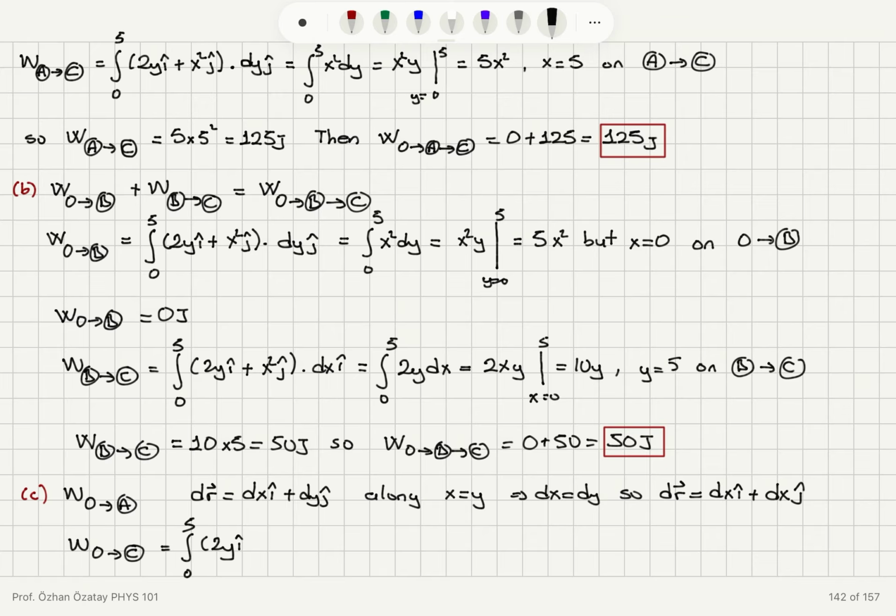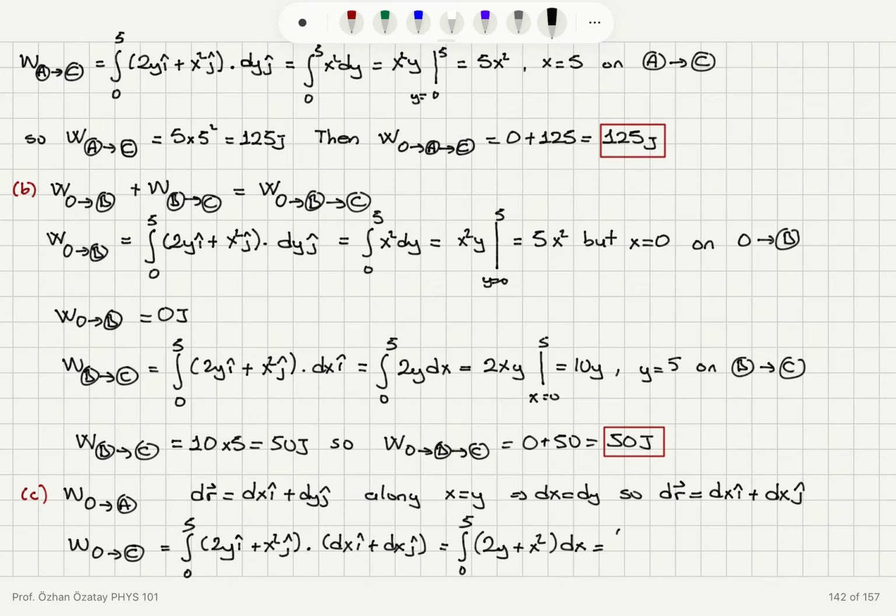So this is 2y i hat plus x squared j hat dot product with the displacement vector dr, which is dx i hat plus dx j hat. From this dot product, i hat dot i hat is 1, so there will be a 2y dx, and j hat dot j hat is 1, so this is going to be 2y plus x squared, dx.